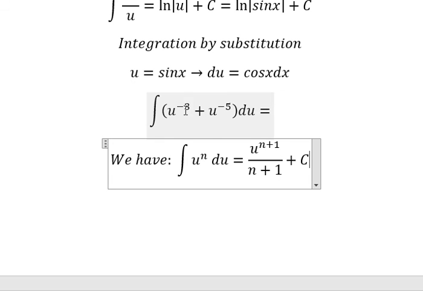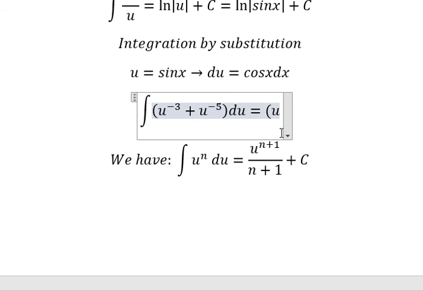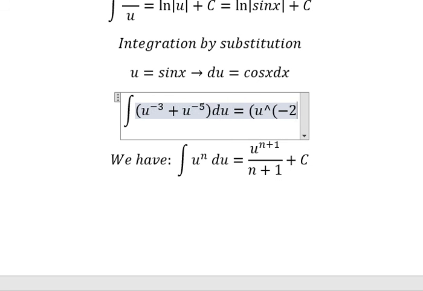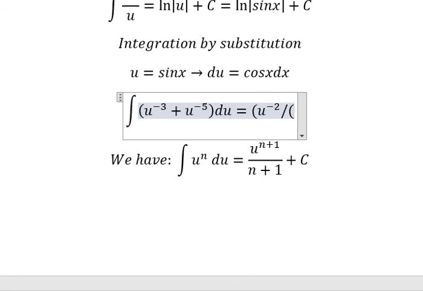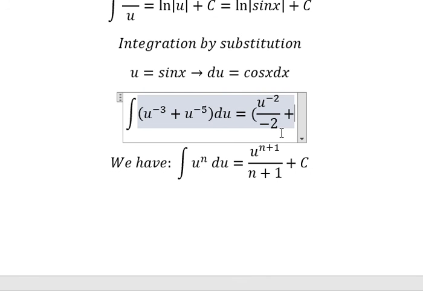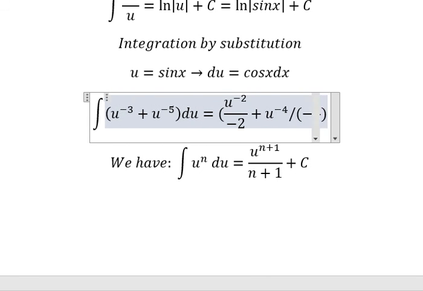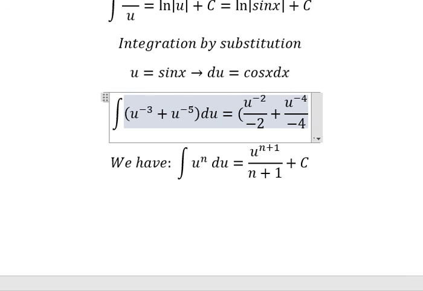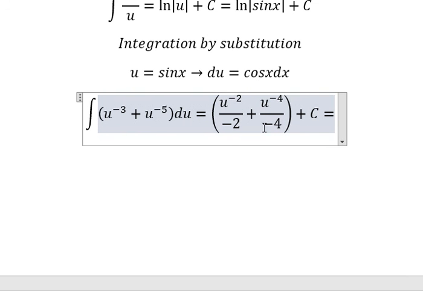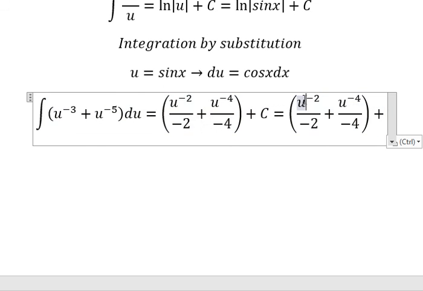So we put negative 3 here, so we have u to the power of negative 2 over negative 2. The next one we do the same. About u, that is sine x.